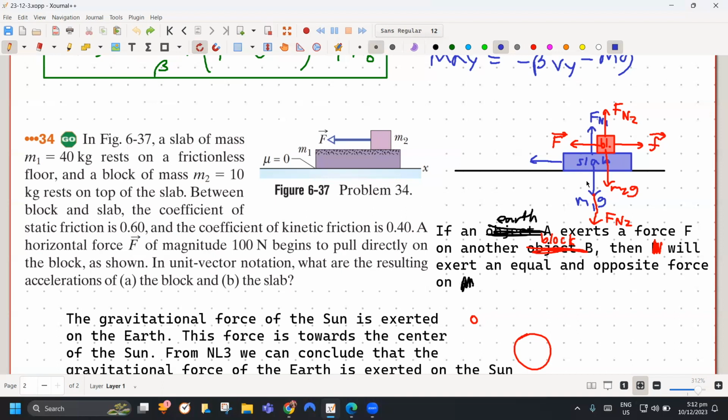Okay, ulitin natin. Free body diagram for block M1, M2 yung nasa taas. So M1, yung forces would be, if we're pulling to the left and we're starting from rest, M1 will experience a force to the left from friction.